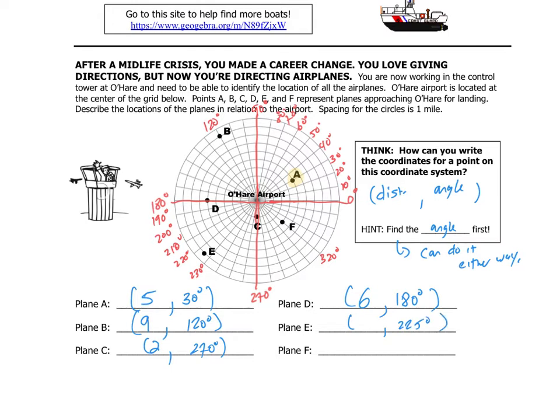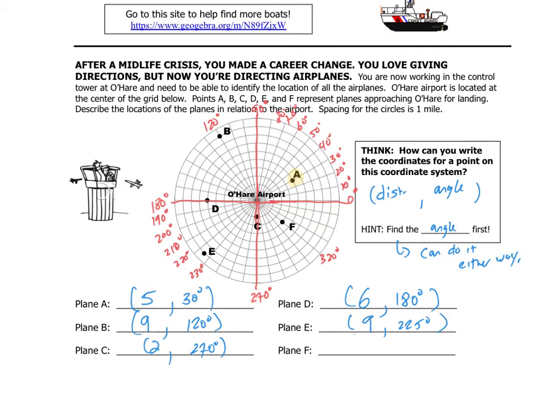So I'm going to estimate that at 225 degrees of rotation, the angle, and then I'm going to count how far out it is from the pole. So 1, 2, 3, 4, 5, 6, 7, 8, 9. So I counted 9 circles, so it's 9 miles from the pole at an angle of 225 degrees.